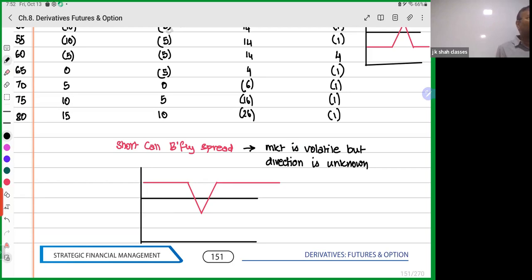Either do a long straddle or you do a short call butterfly spread. Which one you would adopt will depend upon your risk appetite.